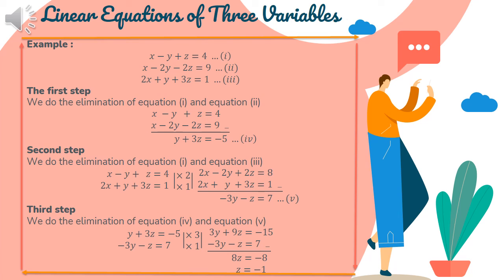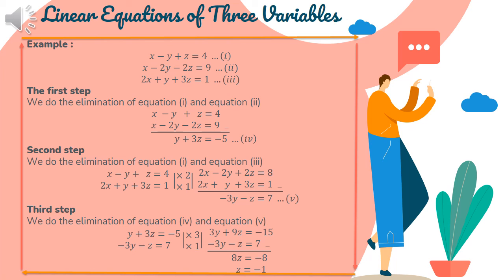Second step, we do the elimination of the first equation and third equation. x minus y plus z multiplied by 2 becomes 2x minus 2y plus 2z equals 8. 2x plus y plus 3z equals 1 multiplied by 1 becomes 2x plus y plus 3z equals 1.